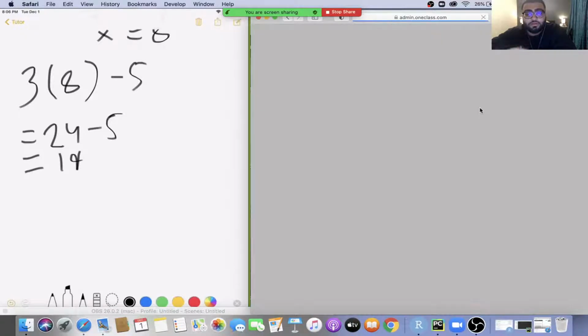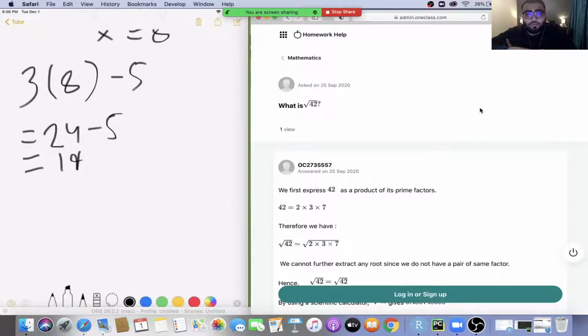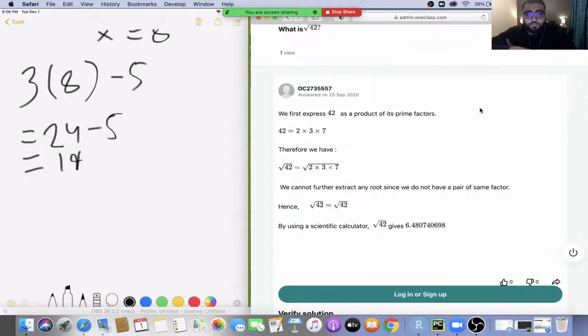Our next question here is, what is the square root of 42? We first express 42 as a product of its prime factors. Its prime factors are 2, 3, 7, as given to us by our junior tutor. 2 times 3... Oh, I forgot to write the number in English.